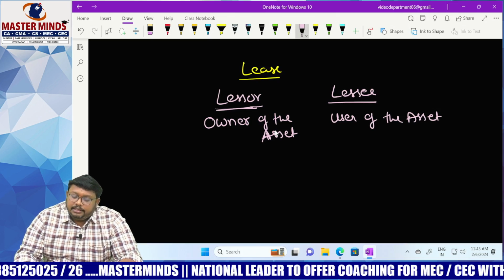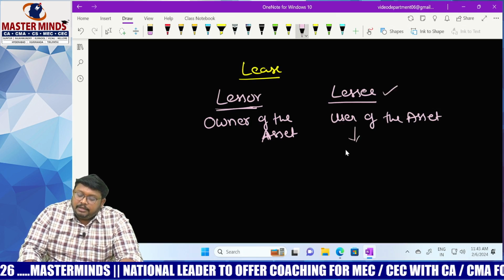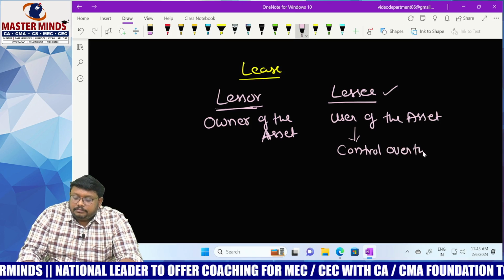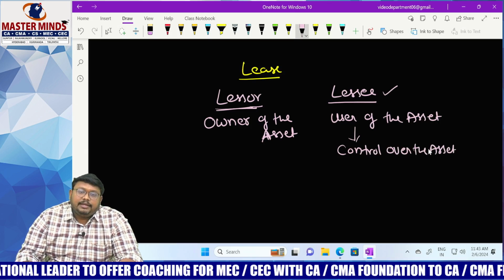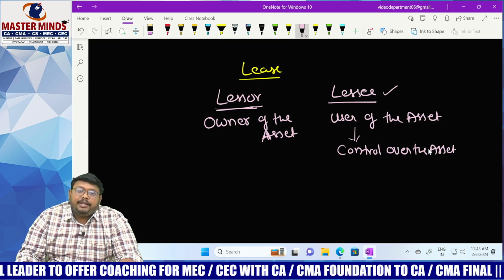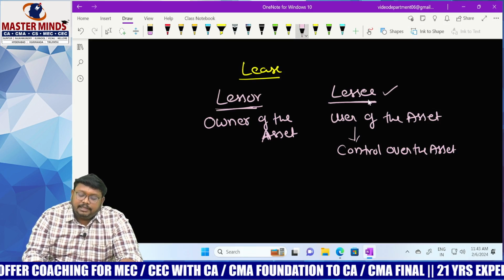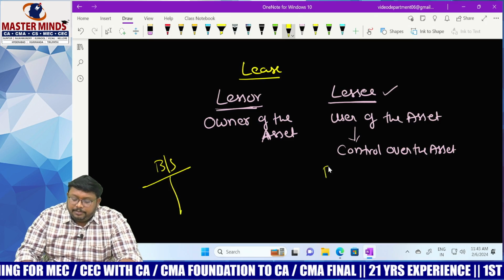Though you are the owner, who is using the asset? Lessee is using the asset. Lessee is having the control over the asset. So that means when he wants to record that asset in his financial statements, lessee has to claim it. You are preparing a balance sheet and lessee is also preparing a balance sheet.